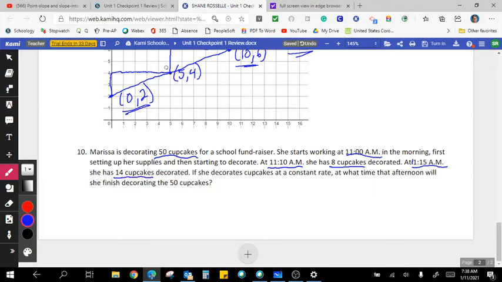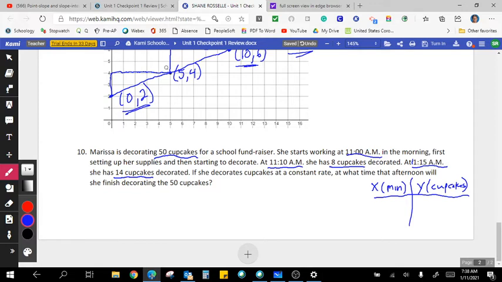All right. So x equals minutes, and the y value is going to be cupcakes. If you look at this, you notice there are 2 points.